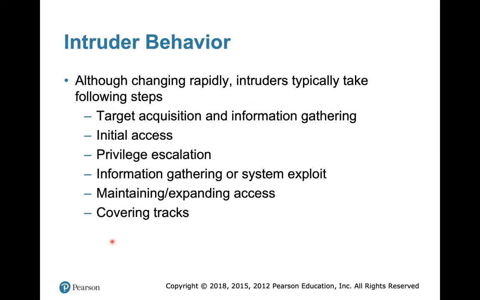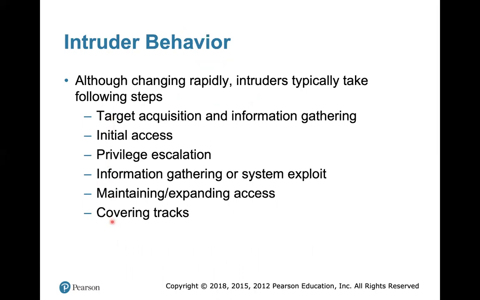Okay, the next thing that I'm going to talk about is the behavior or pattern that we see in the behavior of an intruder. When an intruder tries to implement an attack or intrusion, they may follow these six steps.